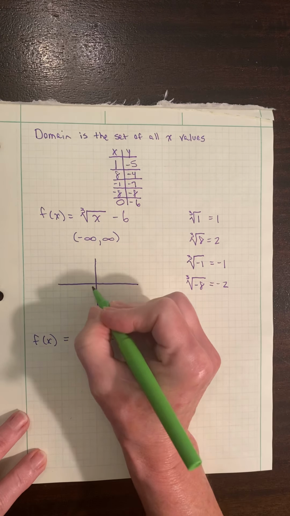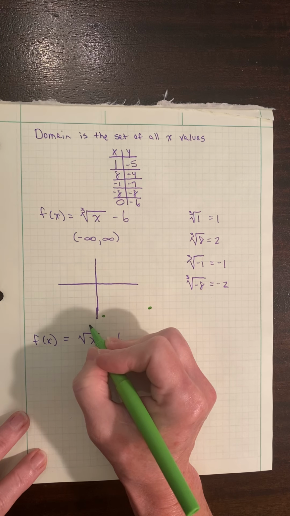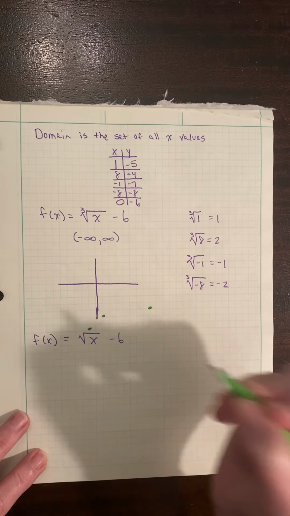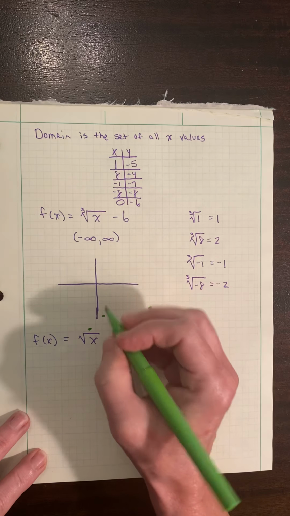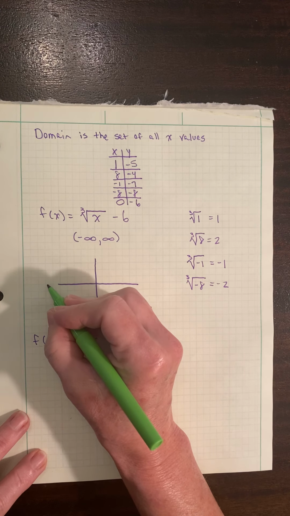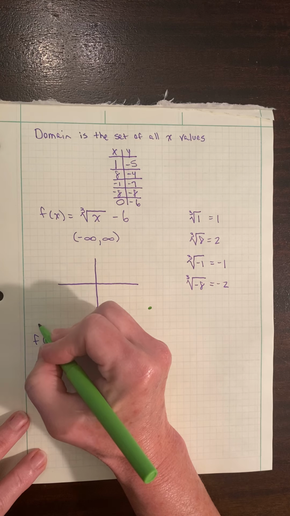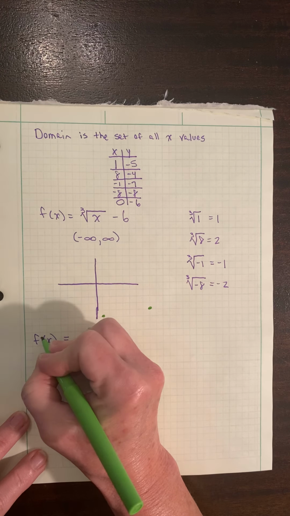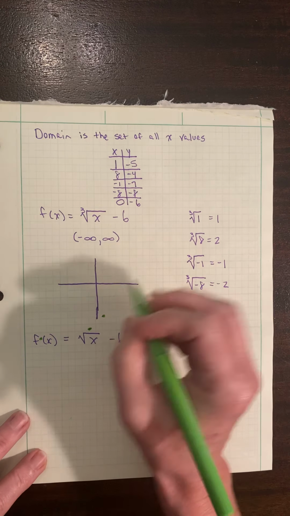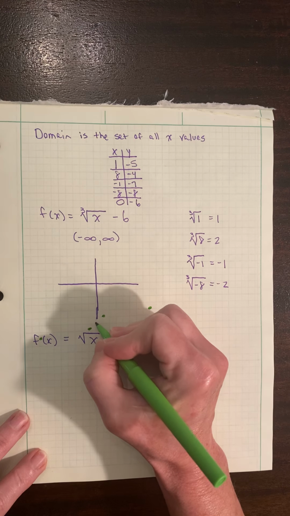I have -1, -7. I'm kind of running into my other problem here. And then -8, -8. 1, 2, 3, 4, 5, 6, 7, 8. Oops. Anyway, sorry about that. Okay, and then 0, -6. 1, 2, 3, 4, 5, 6.